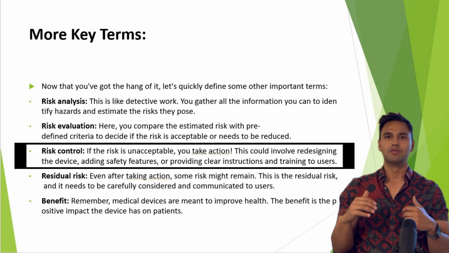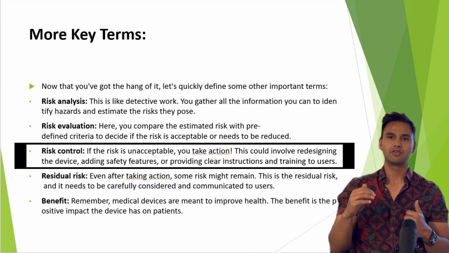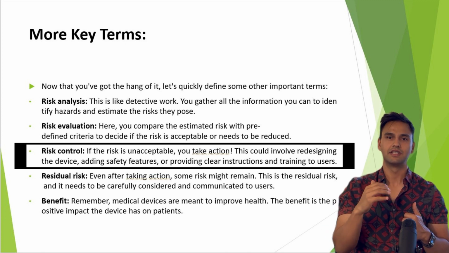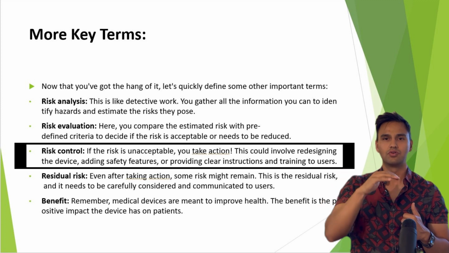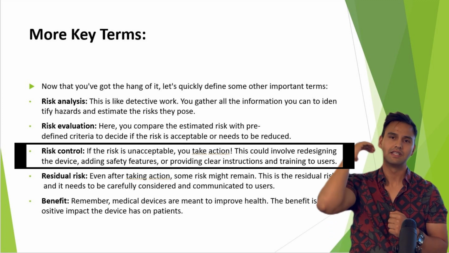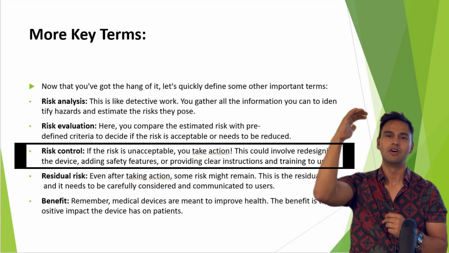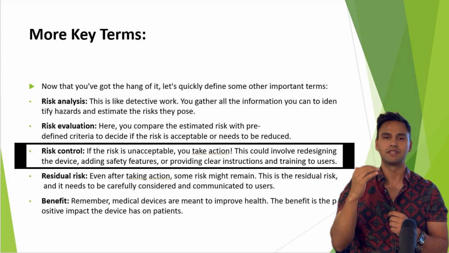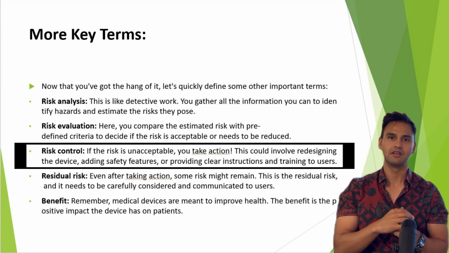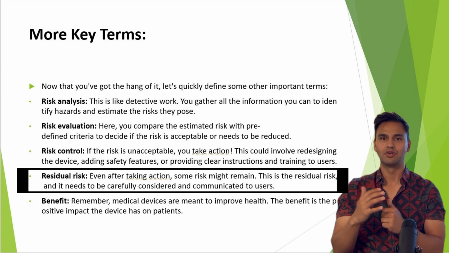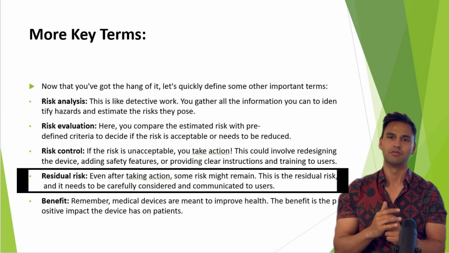Now let's move on to risk control. Risk control is a decision that you're going to make to control certain risks if you think that risk is becoming unacceptable, right? If that risk could create fatality, or if there is a possibility of death, then you could control those risks using risk control measures.